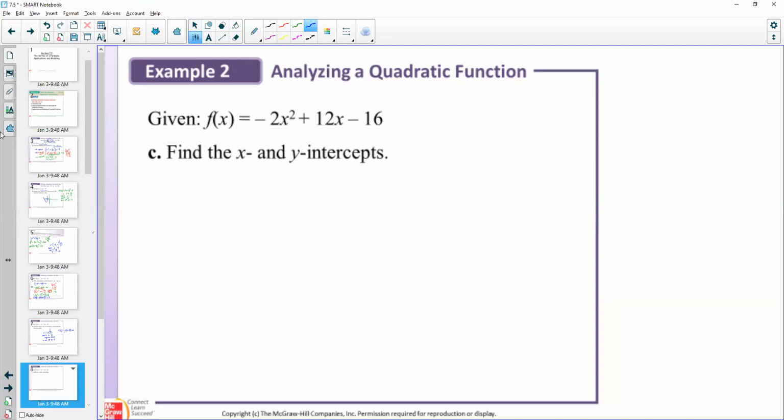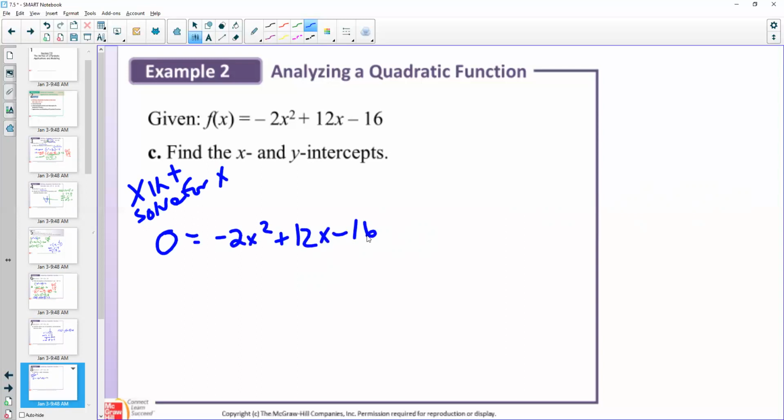What I can do is sort of go back to my practice of factoring. To find the x-intercepts, I solve for x. So I'm going to set it equal to 0, and I'm going to factor.